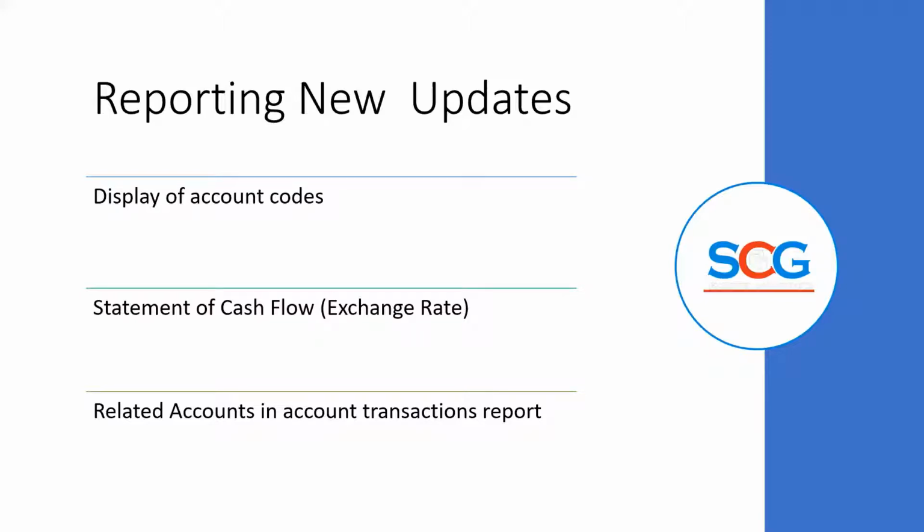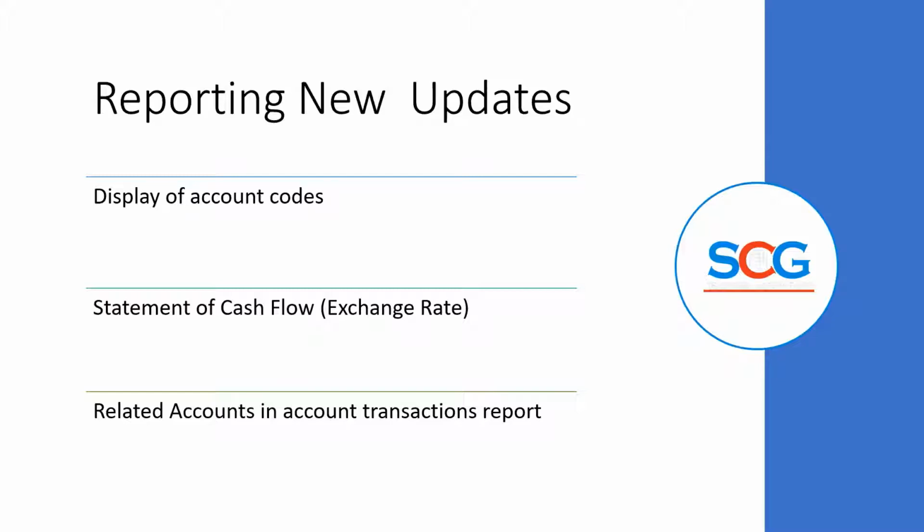The related accounts column shows which accounts recorded the other side of the accounting journal, helping you understand the accounting context of each transaction. So you don't need to click into the transaction to see the double entries now. You can just choose that column and you have the whole picture or the whole context of the transaction.